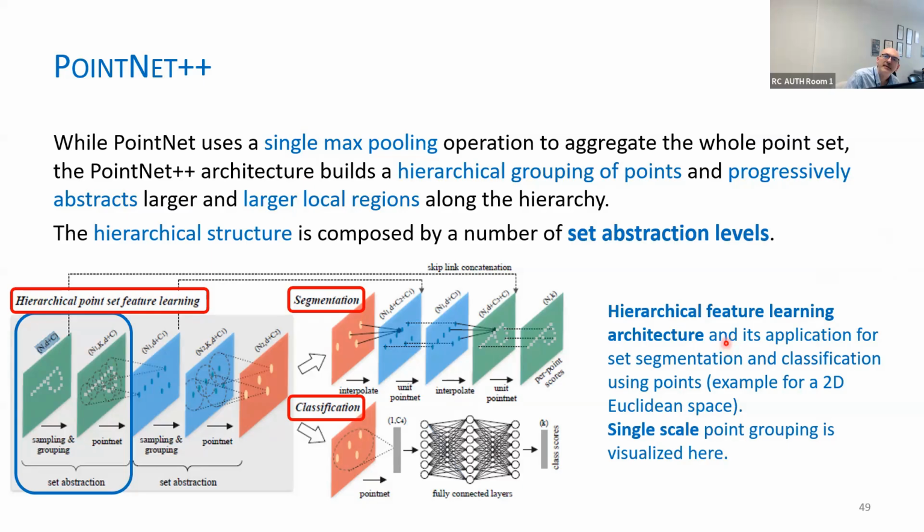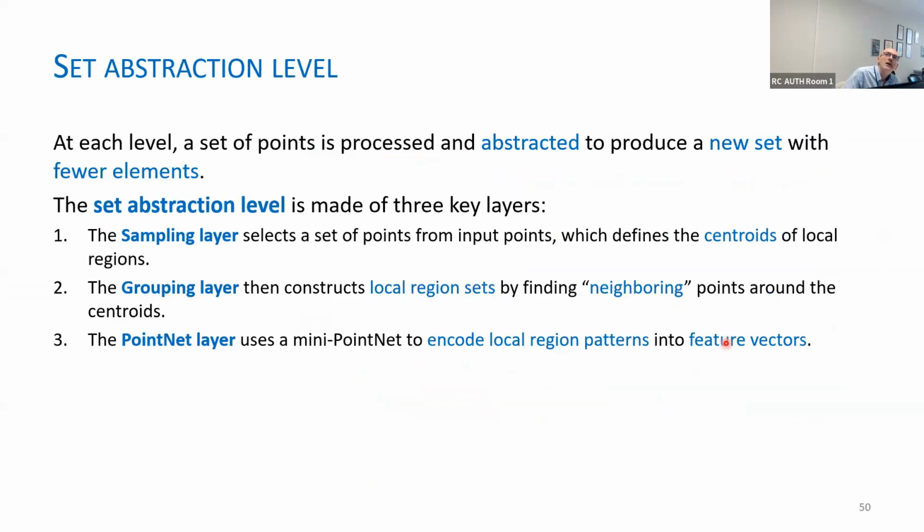So let's try to understand, with some details, how this works. The idea is that these set abstraction levels are constructed using three basic operations or layers. The first one is a sampling layer that selects a set of points from the input.